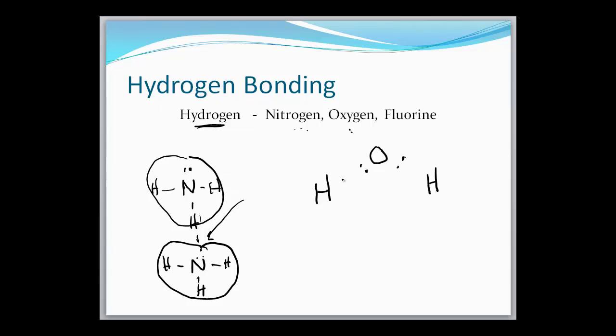closer to it. Now again, remember, these are still being held together by those overlapping orbitals, but since the electrons are closer to the oxygen, that oxygen side is going to have a partial negative charge. And a lowercase delta with a negative means that side of the molecule is partially negative. The other thing that makes it partially negative is the two lone pairs of electrons that are present.